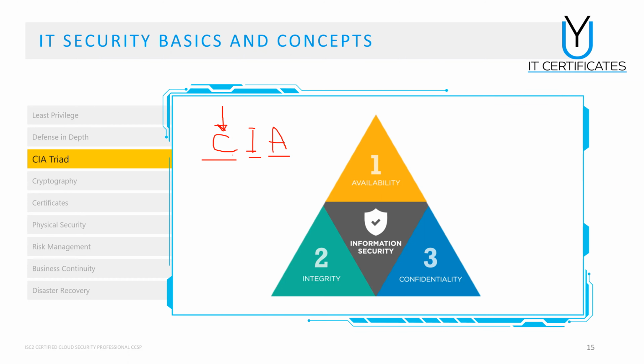Excellent. This is a good definition of confidentiality: allow authorized users only to access the data. When the data is confidential, no one will be able to see the data unless he is authorized. Okay, what is integrity?